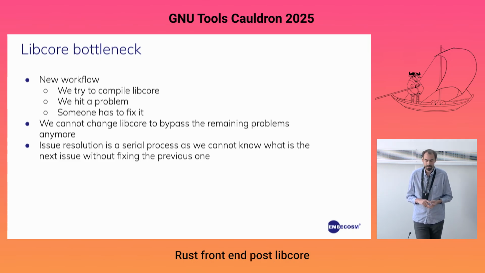So we find problems in a serial way. Like we need to fix the previous problem to discover the next one. In one way, it is kind of great because it really means we're nearly at the end of this goal. But yeah, it kind of is inefficient.